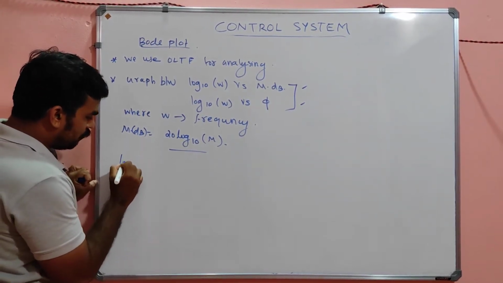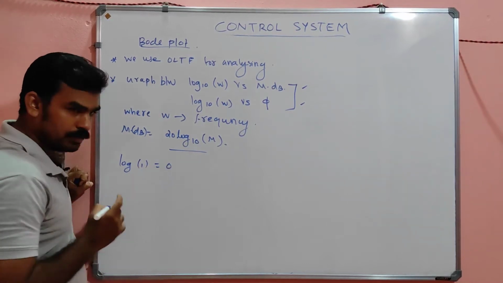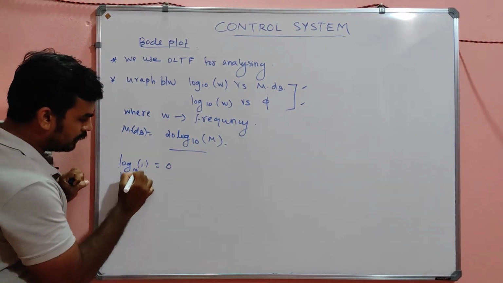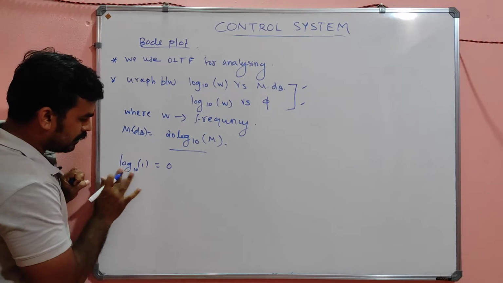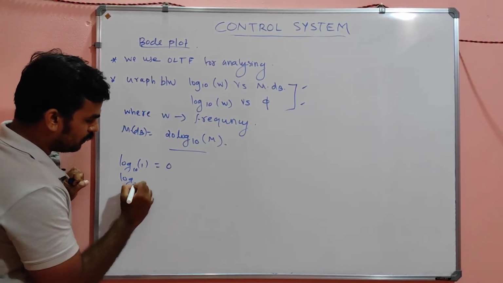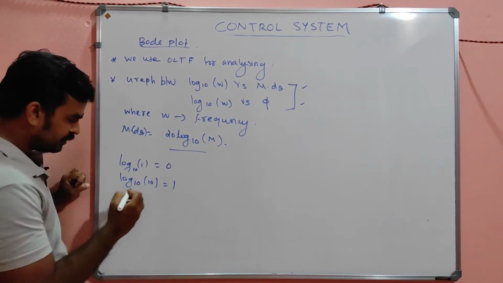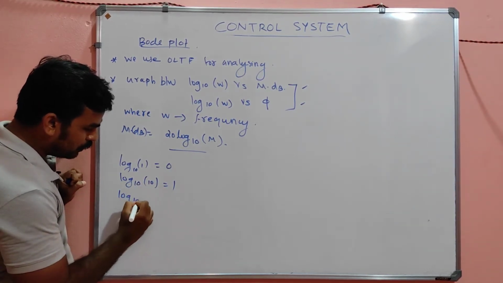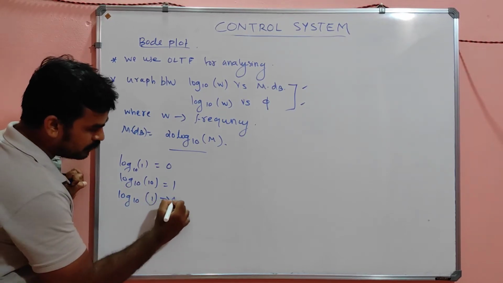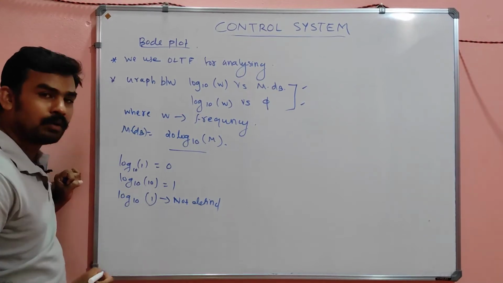What is the value of log 1? 0. You know this, right? Log 10 to the base 1 is equal to 0. And what is the value of log 10 to the base 10? 1. What is the value of log 10 to the base 1? It is not defined.